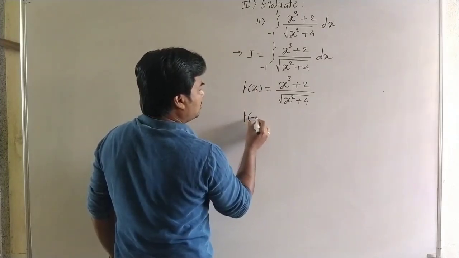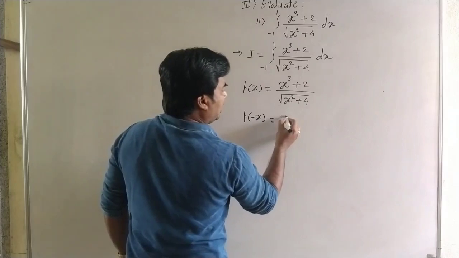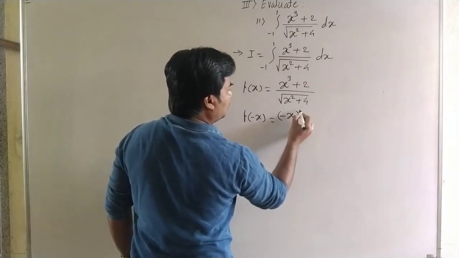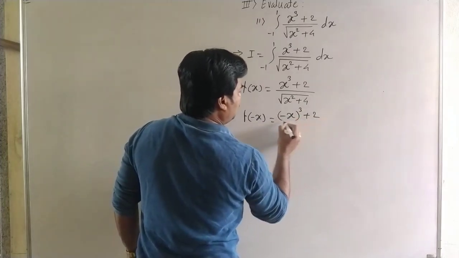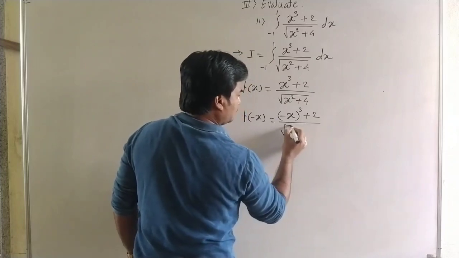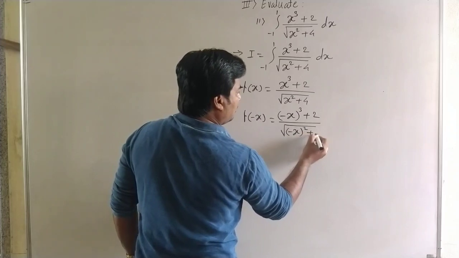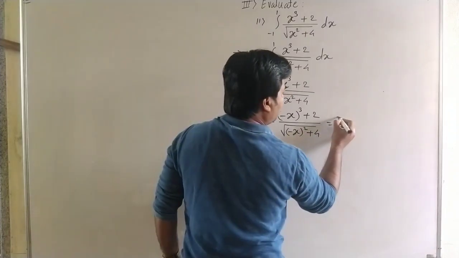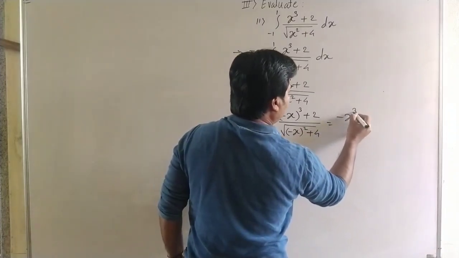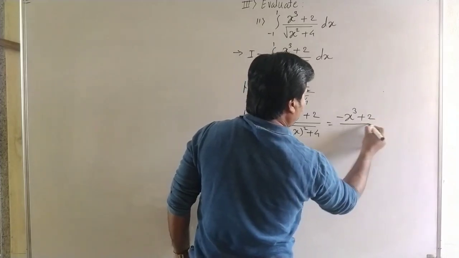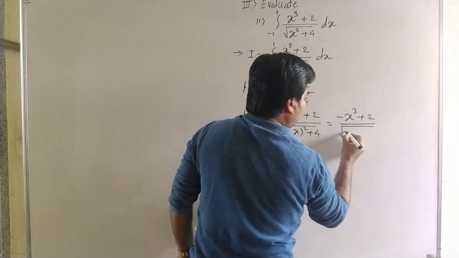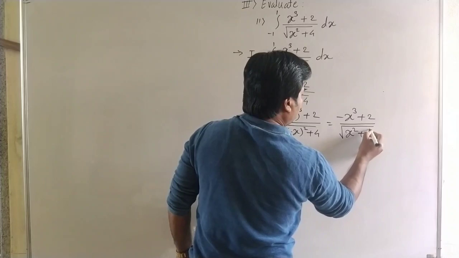Therefore, x is replaced by minus x. Then it is (minus x) whole cube plus 2 upon under root of (minus x) square plus 4, and then this can be written as minus x cube plus 2 upon under root of x square plus 4.